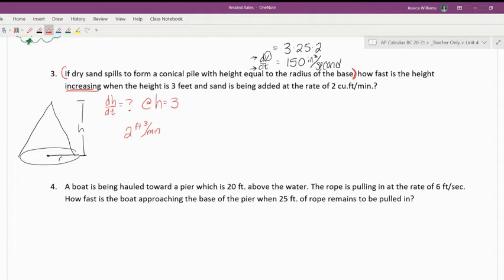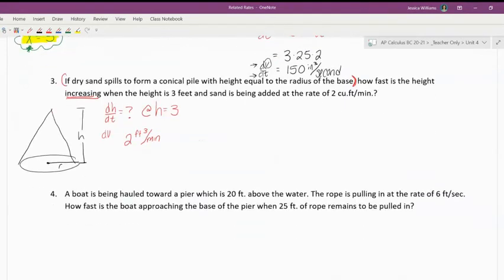But in this problem, it's important to know the units on the sand being added: cubic feet, that's a volume measurement. Same reason that cubic inches was volume. Per minute, oh, that's time. So they've given me dv dt, the change in volume over time.